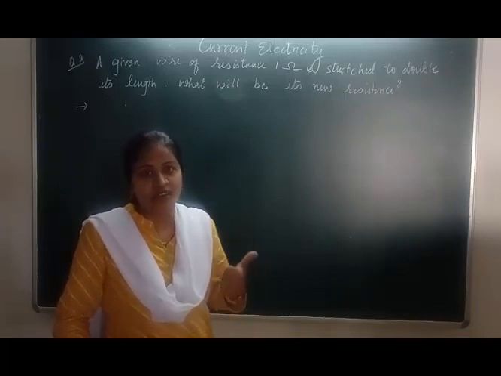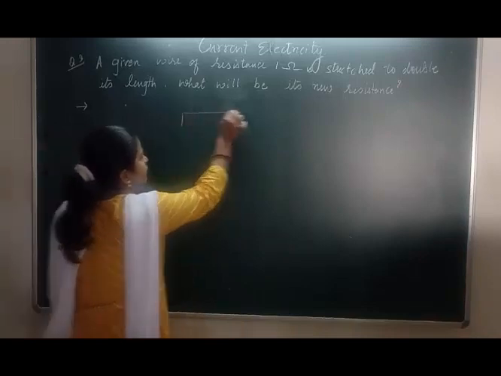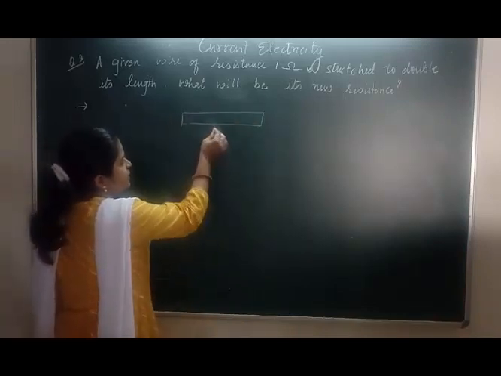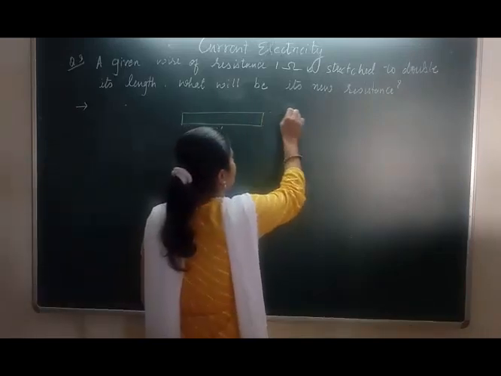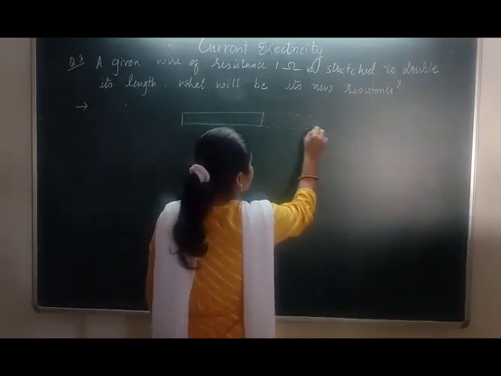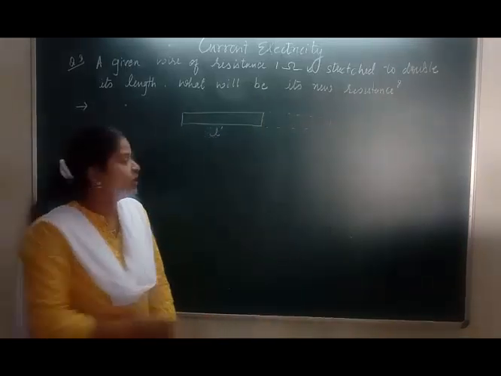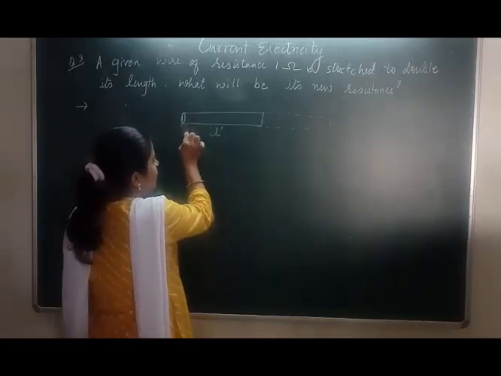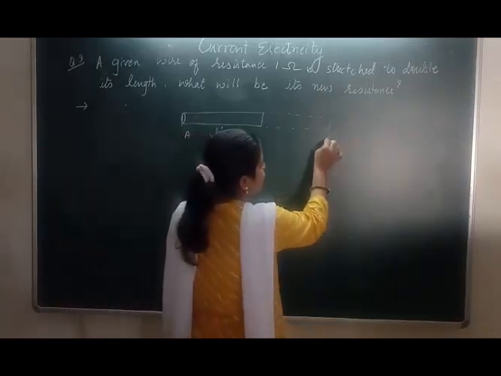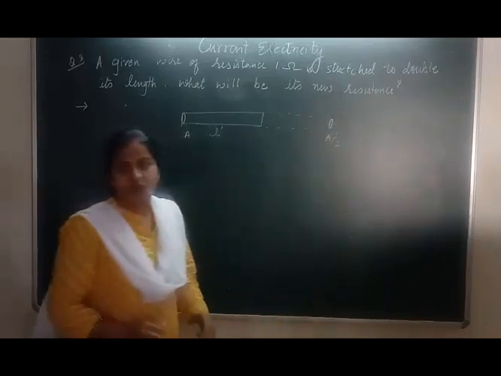Yes children, here is the question which is giving a twisted form. See, this is the length of the wire. This length of wire is being doubled. What do you notice? If the length of the wire is double, its area of cross section which was A, now the new area of cross section will become A by 2, it will be less.